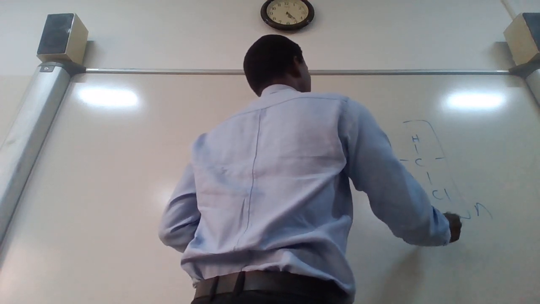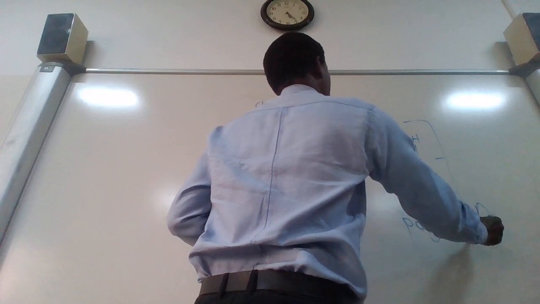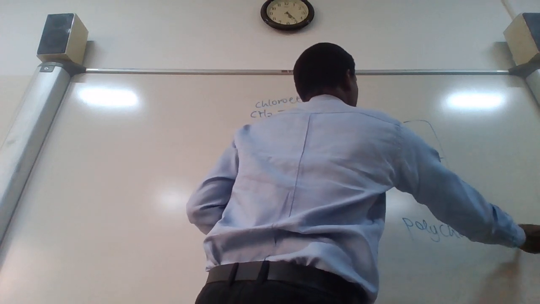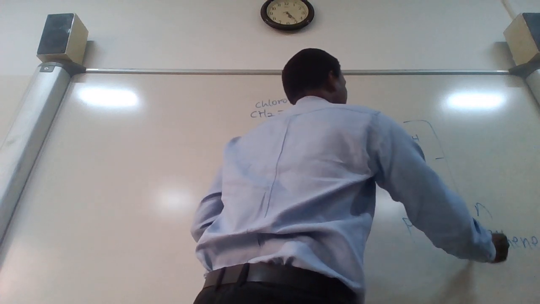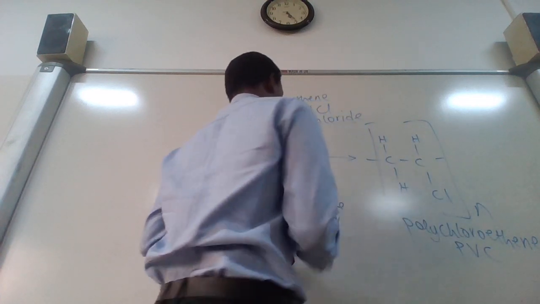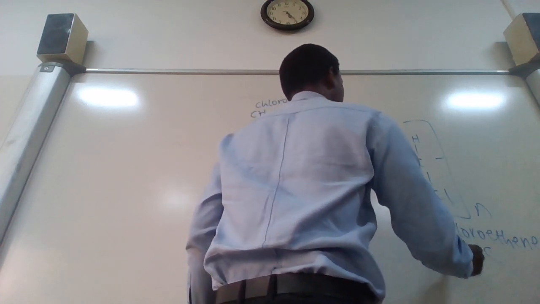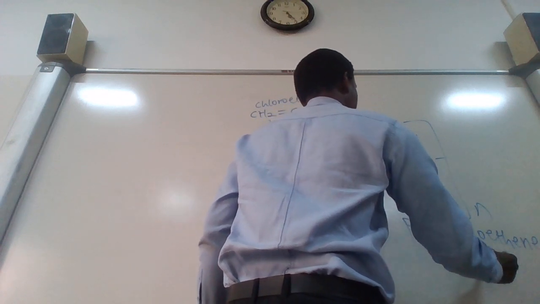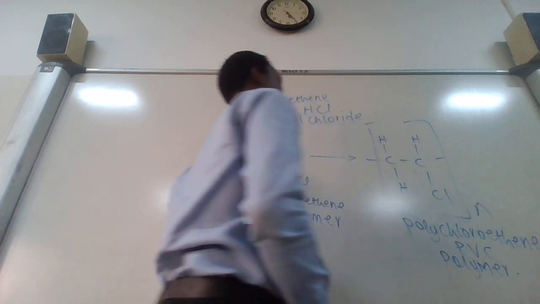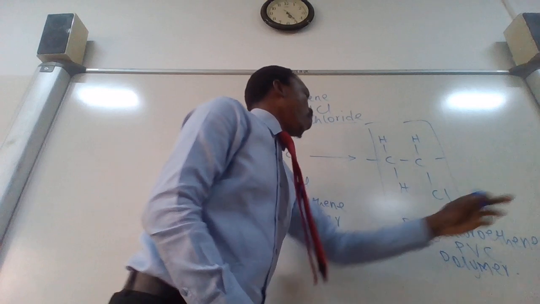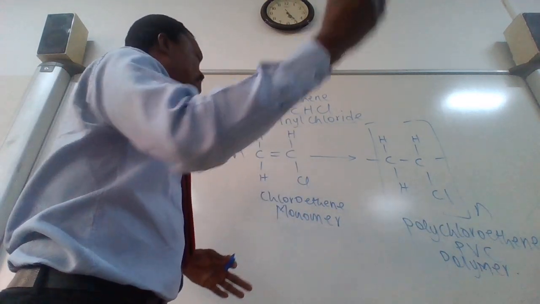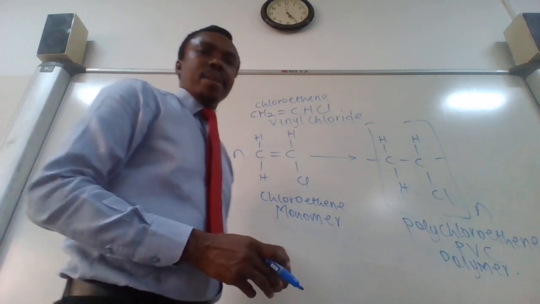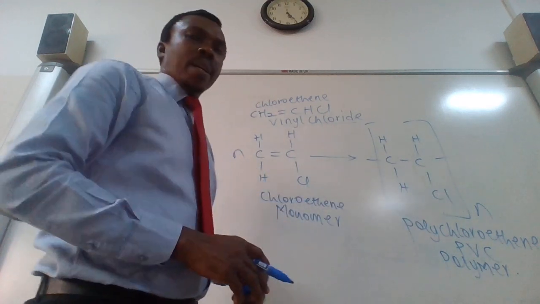This is polychloroethene, or polyvinyl chloride, otherwise known as PVC. So this is the monomer and this is the polymer. You link up a large number, thousands, of the monomer to form the polymer.